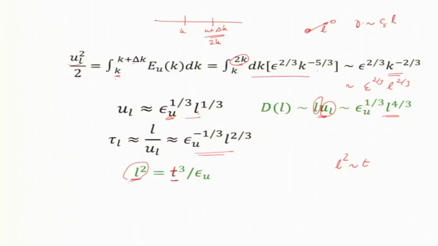I did mention in the class that it is faster than ballistic. If some particle moves with constant speed, what is the distance travelled? L is proportional to t, right. So, L squared will be t squared, but I am doing faster than t squared.